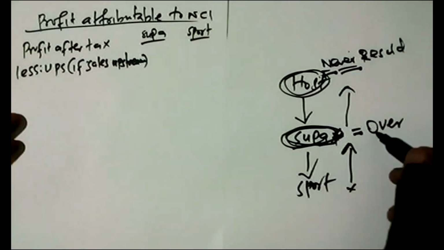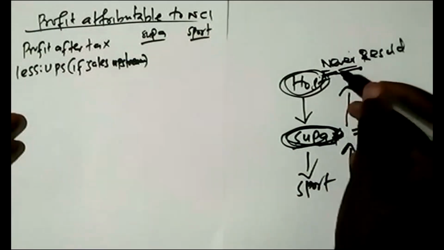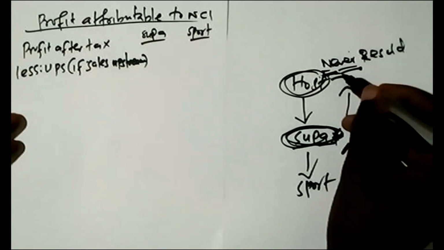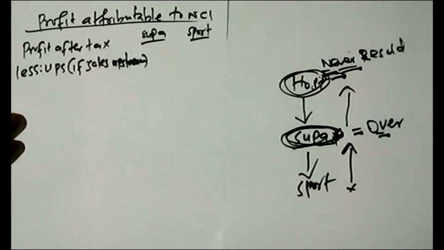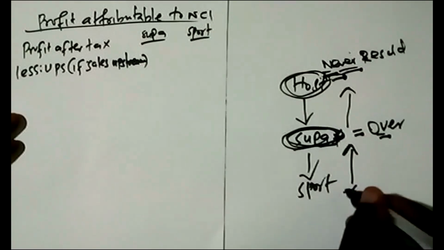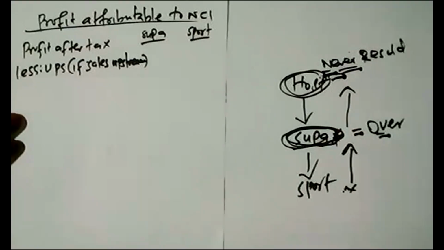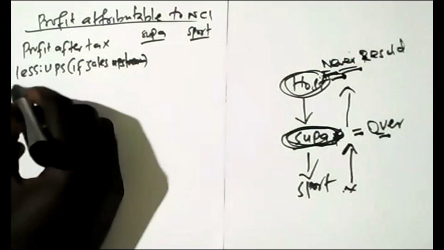This profit is more by that amount, so we need to subtract to bring the profit to its normal state. That's why I say if sales upstream. The same way, if Sport sold goods to Super, the same explanation applies.